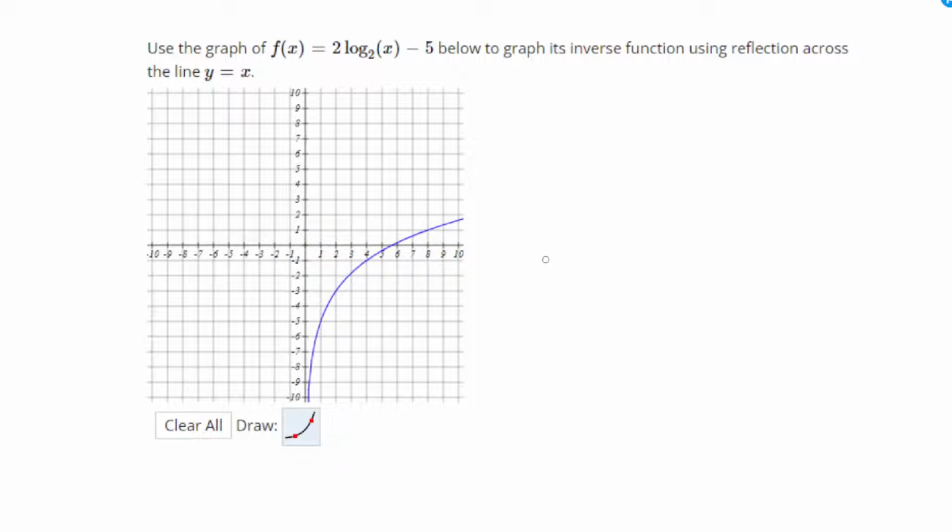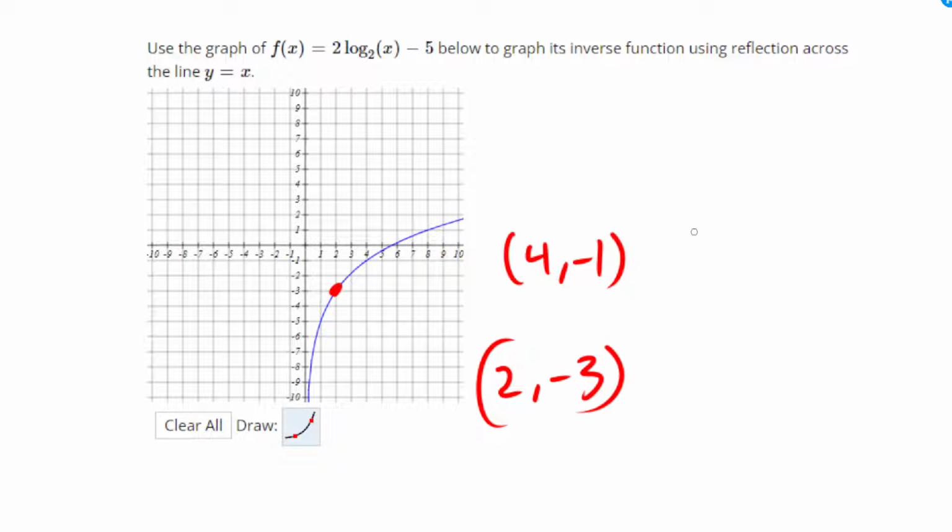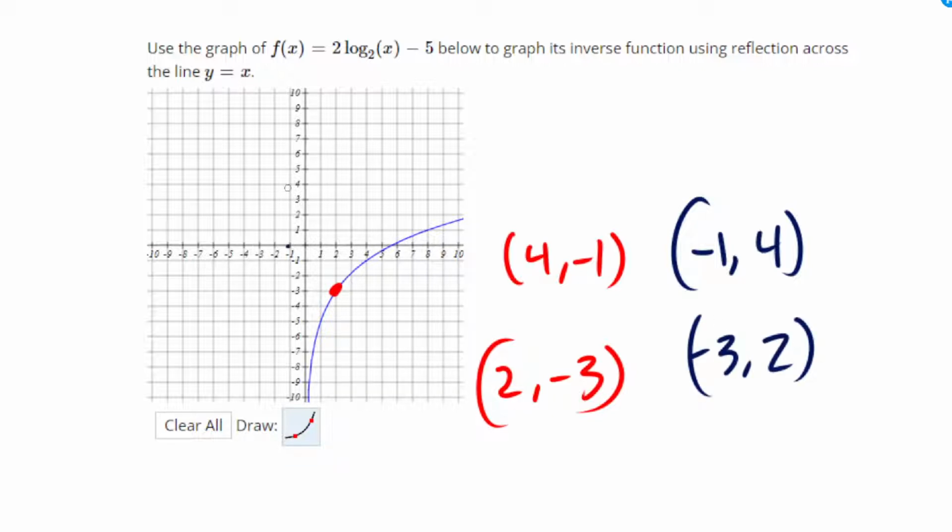So we have a point (4, -1) and a point (2, -3). To do that, we just swap their x and y's. So now we have (-1, 4) and (-3, 2).